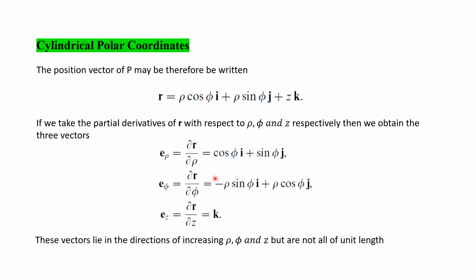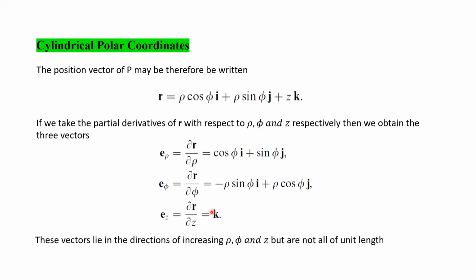And then lastly, we take the partial derivative of r with respect to z, and the other terms go to 0. Your e of z, which is the partial derivative of r with respect to z, is just equal to k hat.